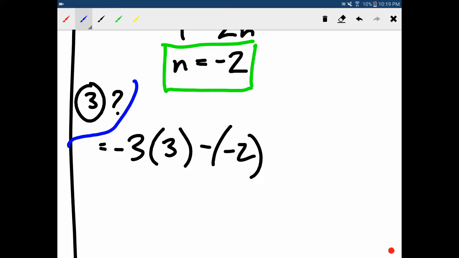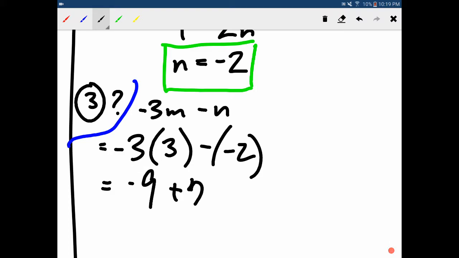I'm going to write it out so that you see it was -3m minus n. So I've subbed in the m, I've subbed in the n. Okay, so I get -9 plus 2, which is -7, and that is exactly what we were hoping for.